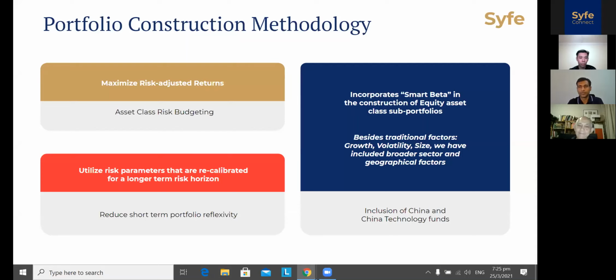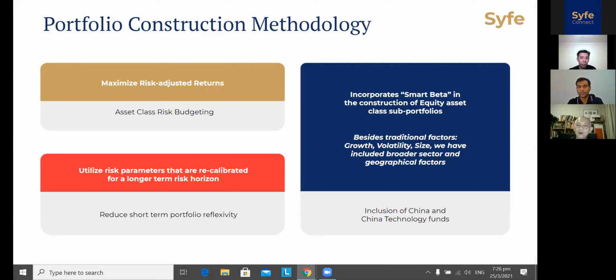Now, one of the things that we also did was keep track of the different factors that are happening. Over this COVID period, China has been the only major country to have economic growth last year.